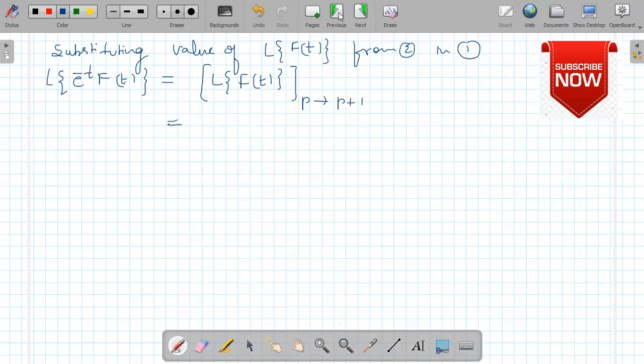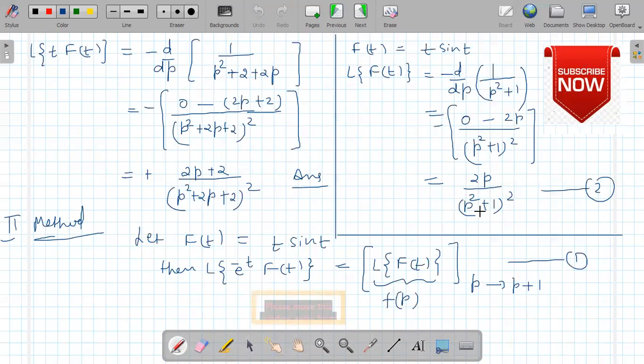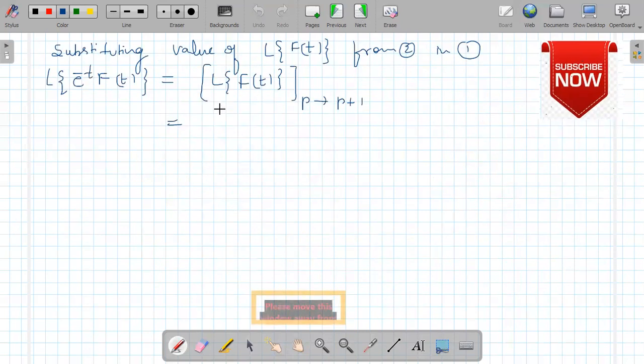Laplace transform of f(t) is 2p upon (p square plus 1) whole square.